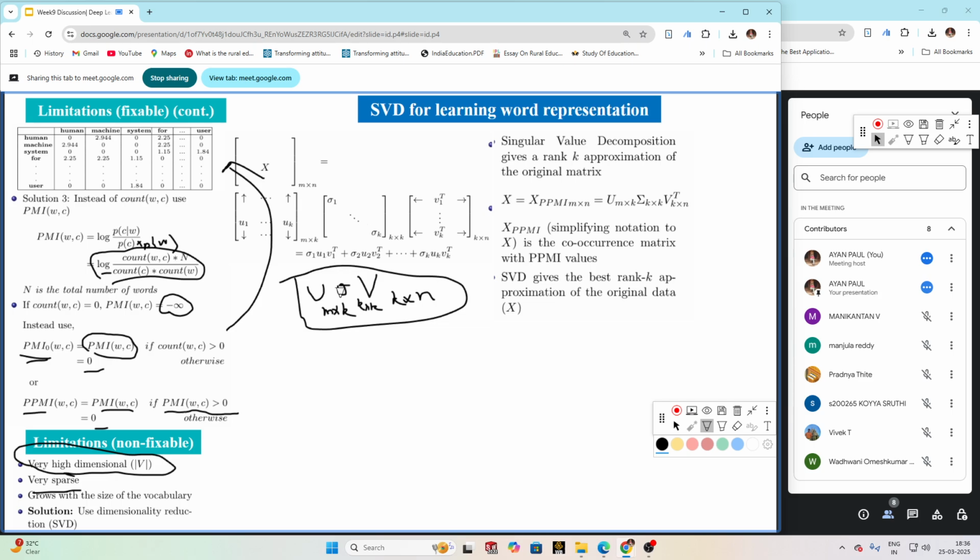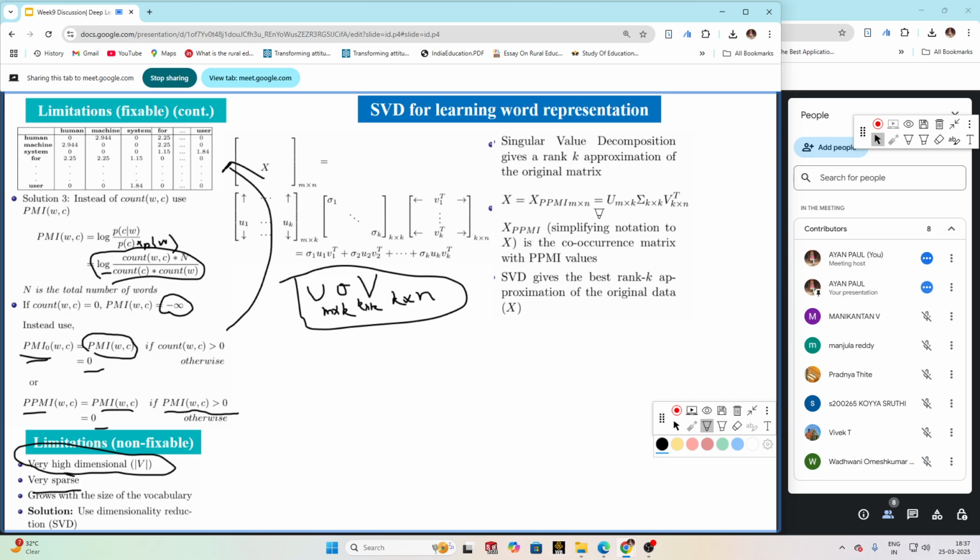In this matrix we will have only singular values, and you know in eigenvalue decomposition that to reduce the dimension we take the dominant eigenvalues and leave the rest. Similarly here we can take the dominant singular values and leave the others.